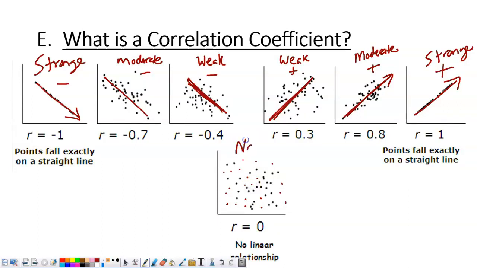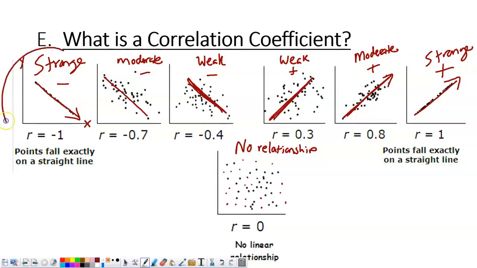Now, what do I mean by relationship? I've been using that word a lot. What does that mean, no relationship? Well, in order to be in a relationship, right, you need two things happening, right? So, well, on all these graphs, there's a y and an x. And these graphs show how they're related.